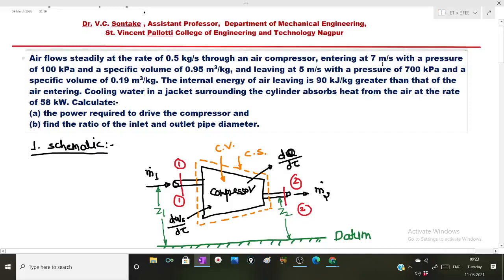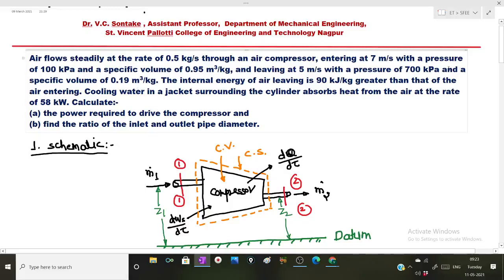At the entrance, velocity is 7 meter per second, pressure is 100 kilopascal, and specific volume is 0.95 meter cube per kg.